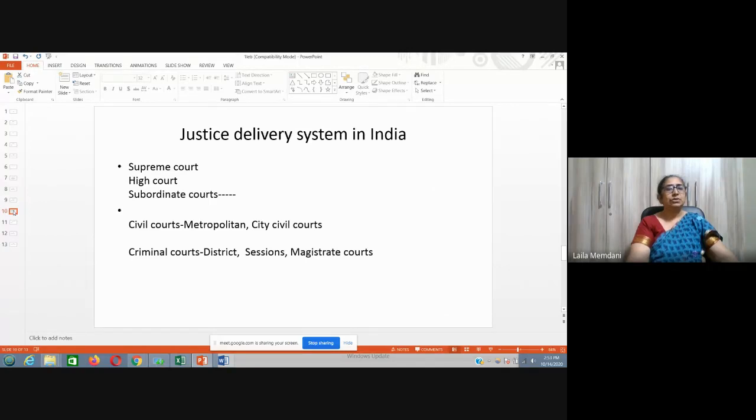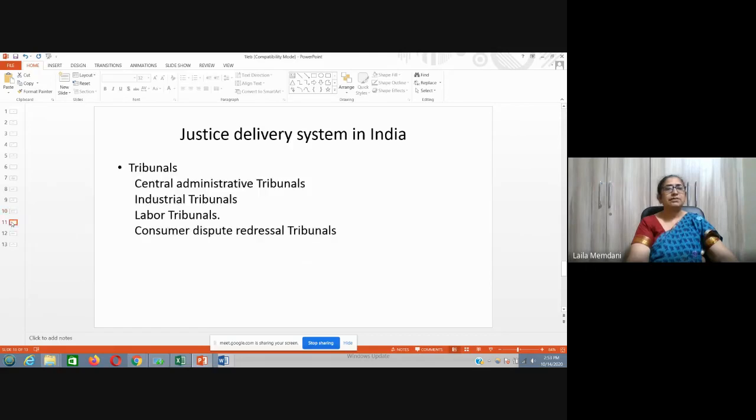Then there are civil courts, metropolitan and city civil courts. Then there are criminal courts, district courts, session courts, magistrate courts, and then there are tribunals like Central Administrative Tribunal, Industrial Tribunal, Labor Tribunal, and Consumer Disputes Redressal Tribunal.